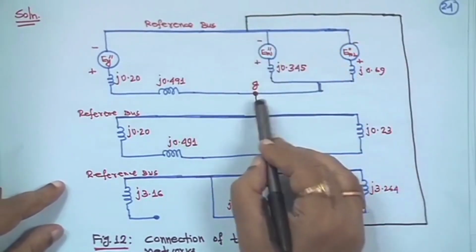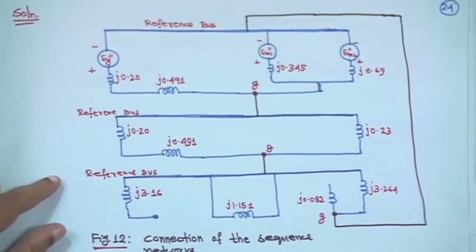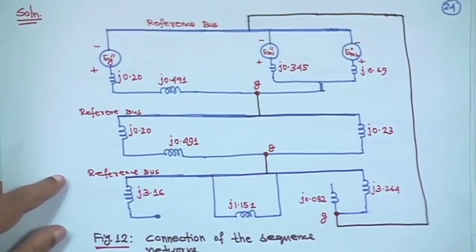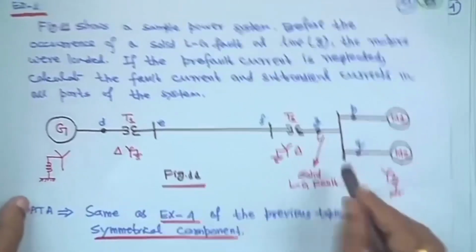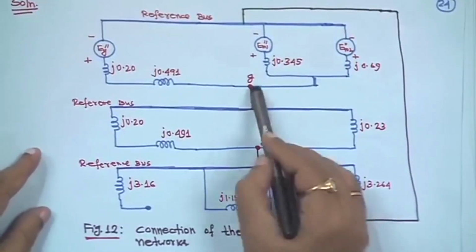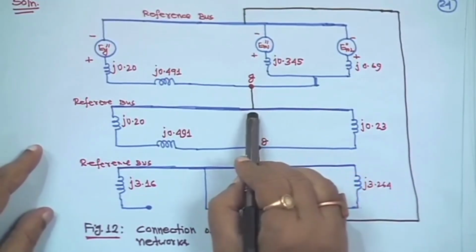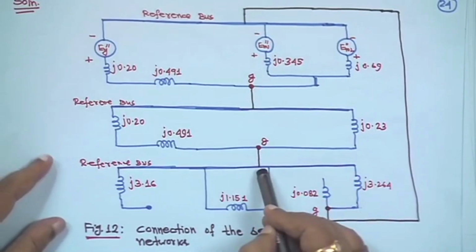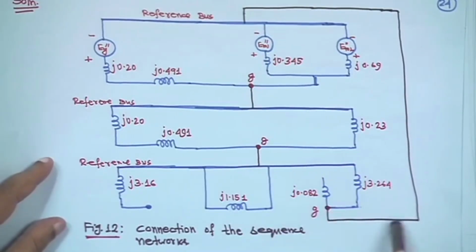The line to ground fault has occurred here, so this is my point G, connected to the reference bus in all three networks.